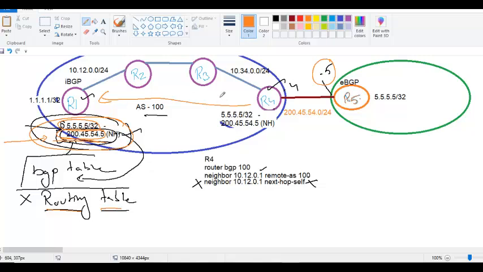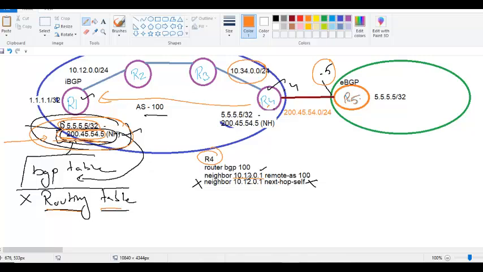Usually, other routing protocols, when they advertise, put their own address as the next hop. Router 4 would not carry router 5's address. When router 4 gives the update to router 1, router 4 will usually put its own address.